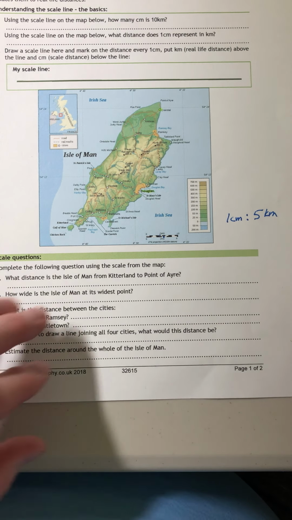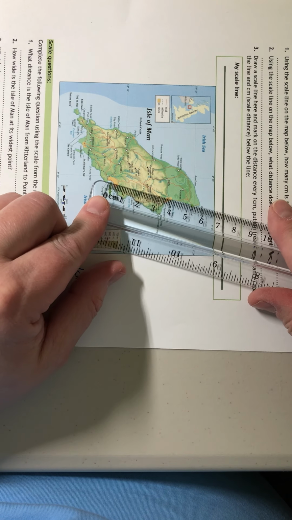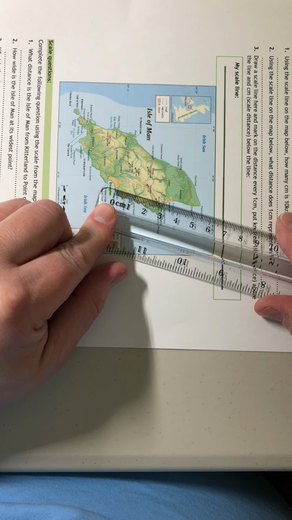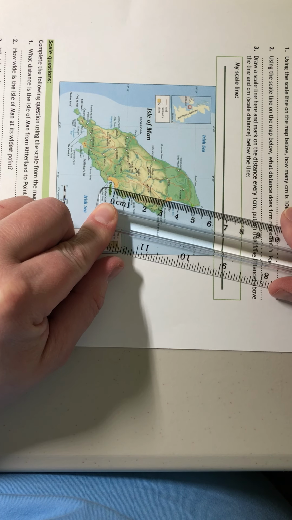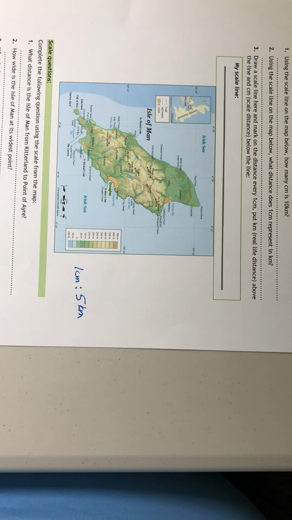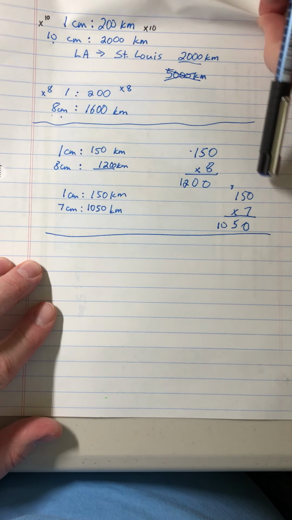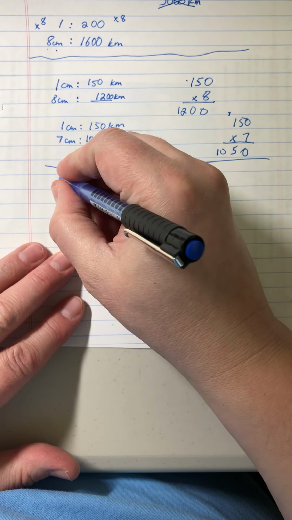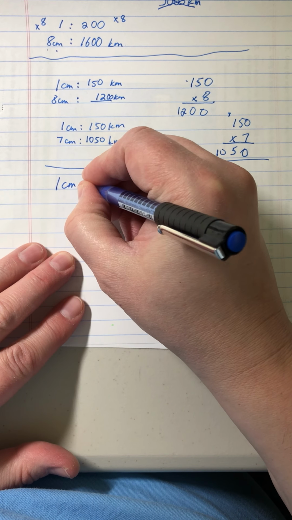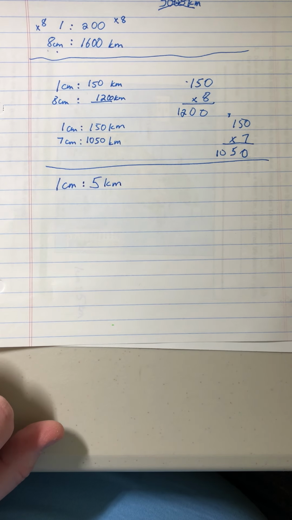Now guess what the paper can do? I can turn it so that I can measure it way easier than trying to reach over it. So I'm gonna put my 0 on the dot, and it's pretty close to the 5. So that's 5 centimeters distance. So remember, our scale has changed. 1 centimeter on the map represents 5 kilometers in real life.